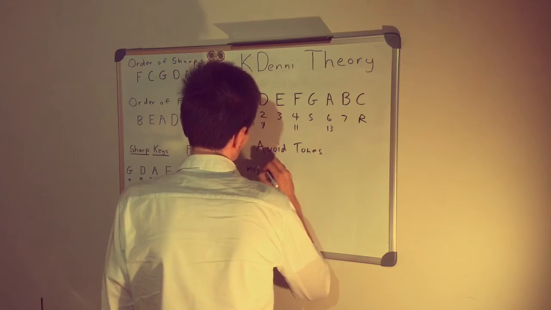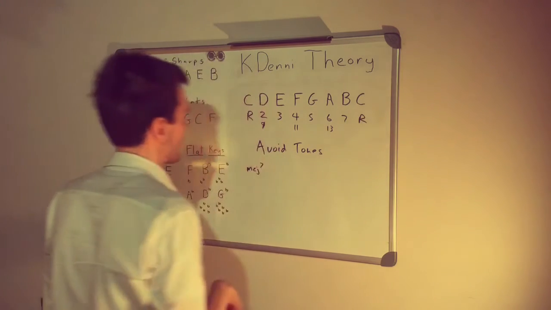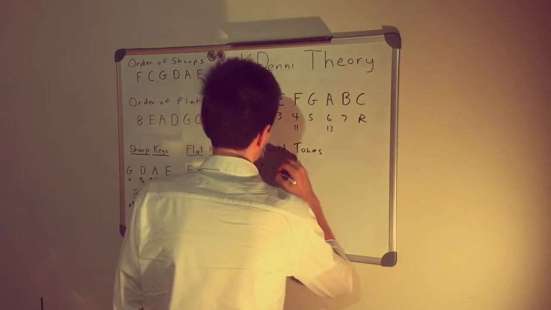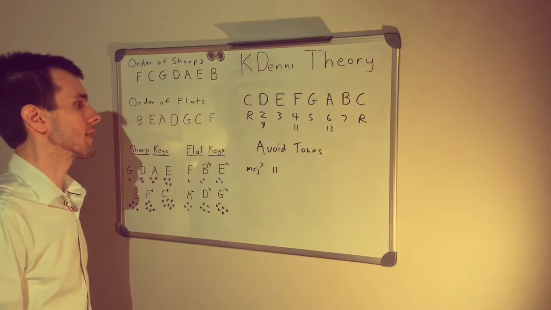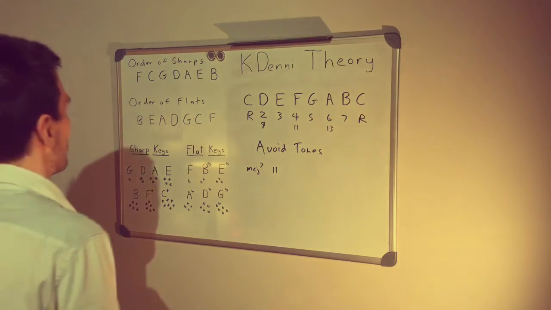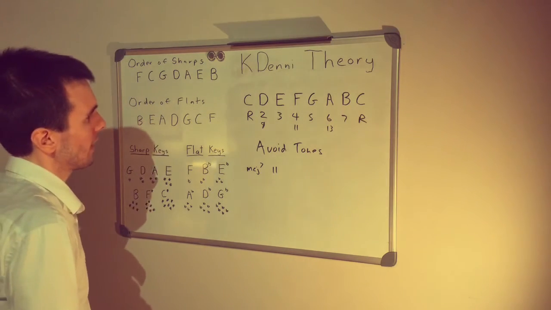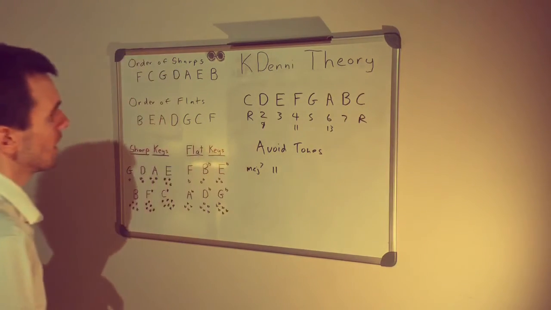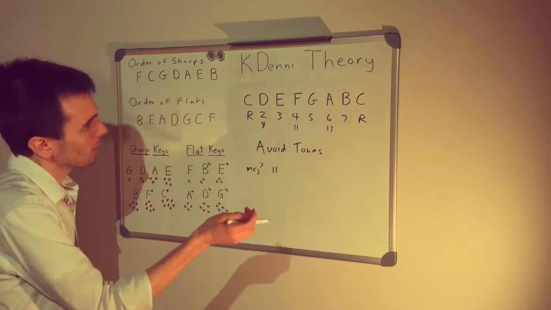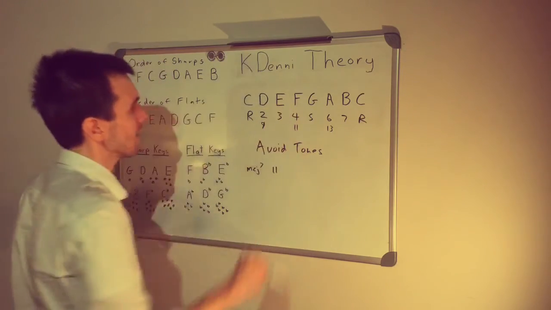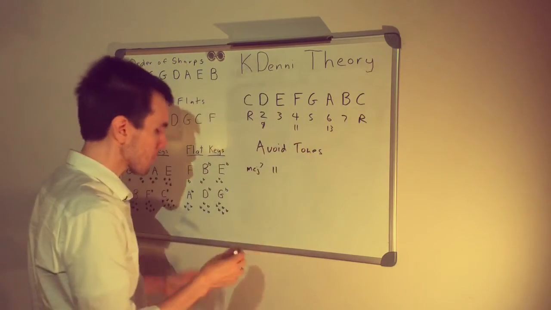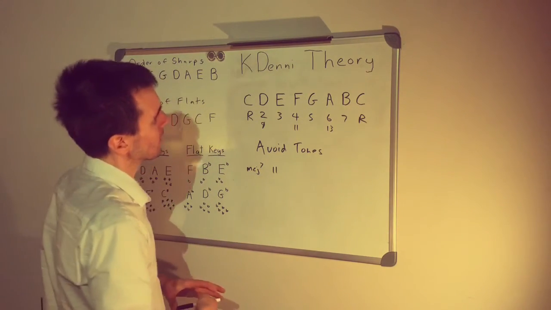So for major chords, major 7 chords specifically, the avoid tone is going to be the 11. The tension 11 gets a little bit funky on top of a major 7 chord, and the reason for that is that you have a half step in here, a sensitive area.